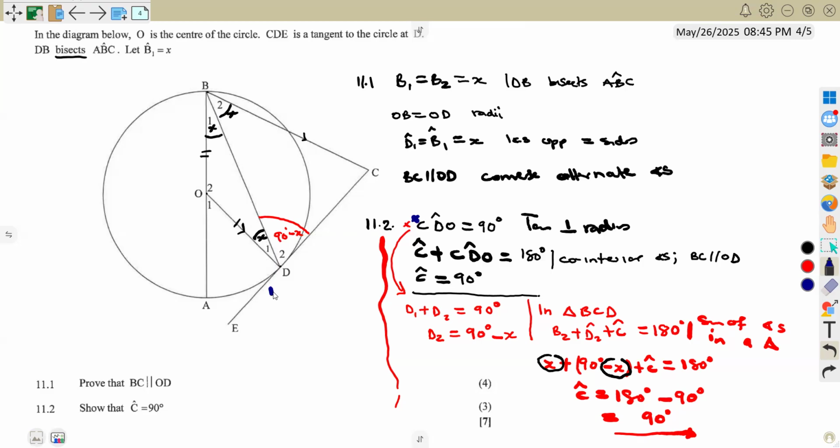So in triangle BOD, we are going to have this angle D1 plus this angle B1, we know them, plus this angle, which is O2, must be equal to 180 degrees.